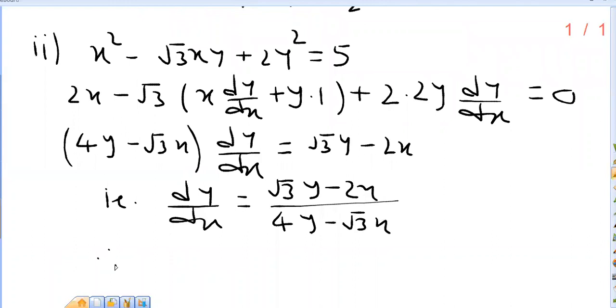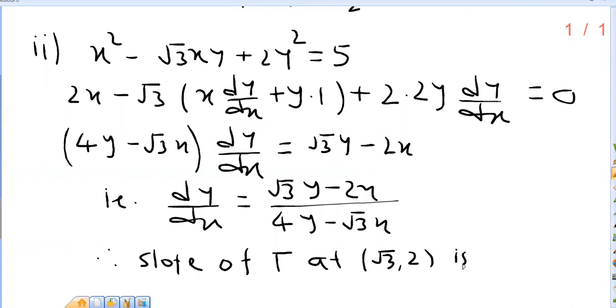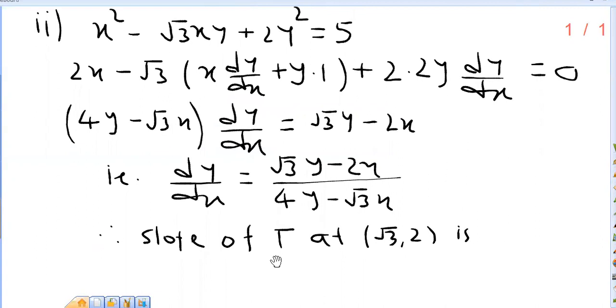Therefore, slope of tangent at which point? At root 3 comma 2. At root 3 comma 2, I will write m equal to, I have just changed the presentation part. So what is m?